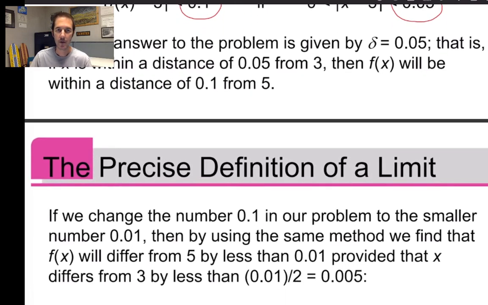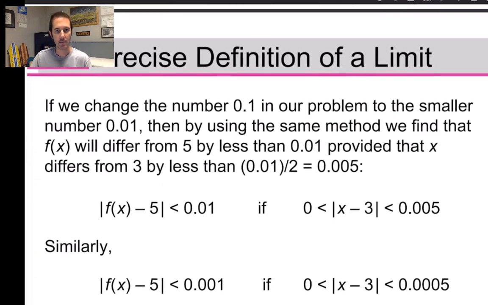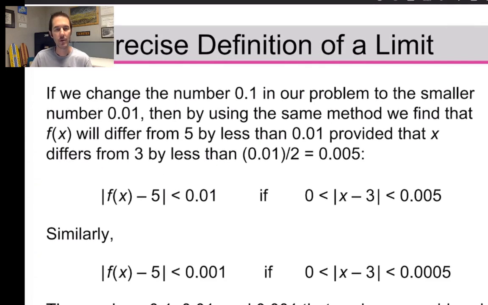If you're thinking to yourself, I do not like this, if I were there with you, I would say, I believe you, and I don't blame you one bit. If we change that epsilon value from 0.1 to 0.01, then we would need to divide by 2 again, and our delta value would become 0.005.